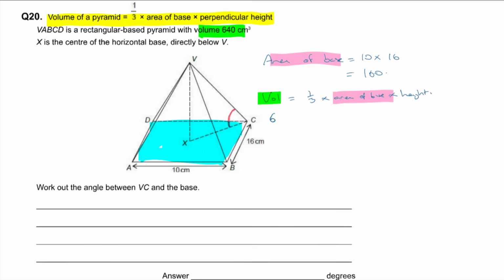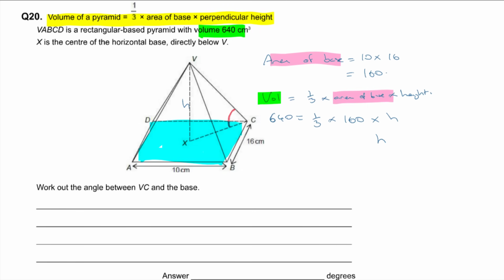So let's sub in the things that we know then. So 640 is equal to 1/3 times the area of the base, which is 160, times the height, which we're going to find. Just put height in there so I know what I'm finding. So rearranging that, I'm going to cross multiply that 3 and 160.